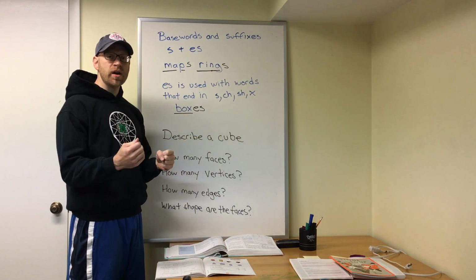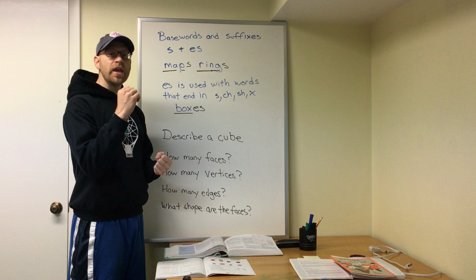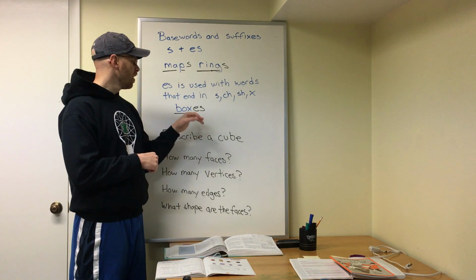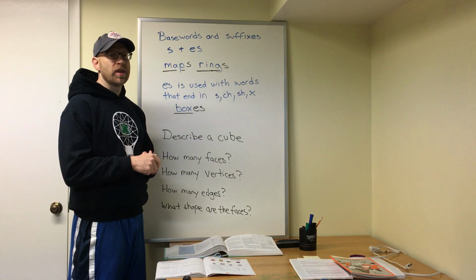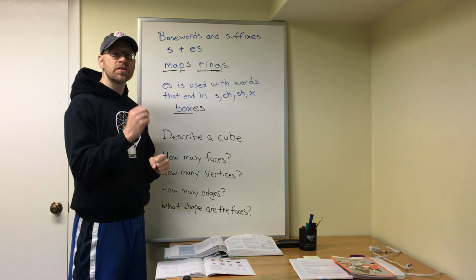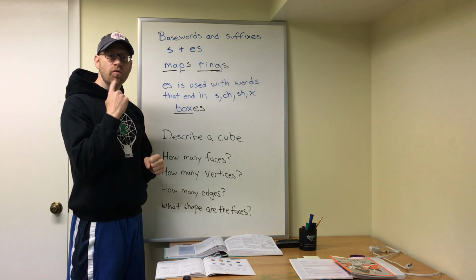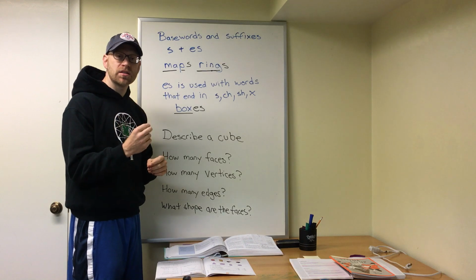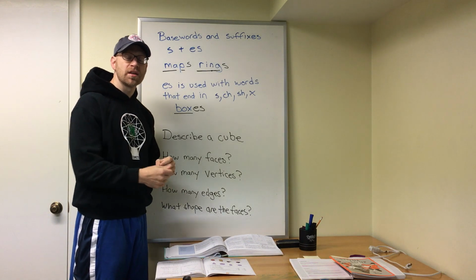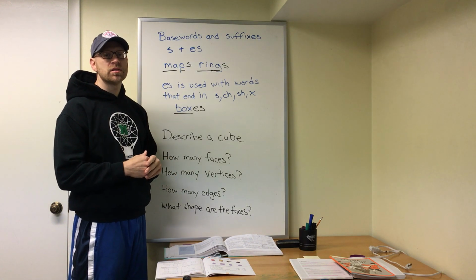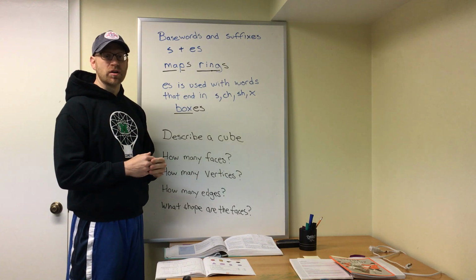So B-O-X, since the word ends in an X, and ES underneath. You hear that with that X, for the S sound, that X and then the S sound, would sound kind of weird.